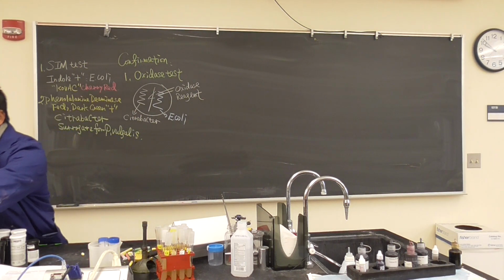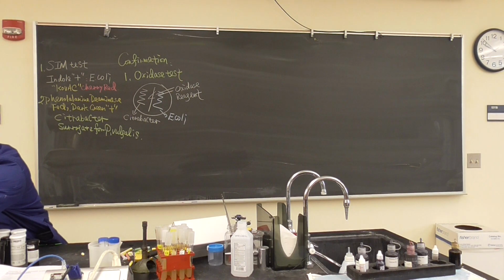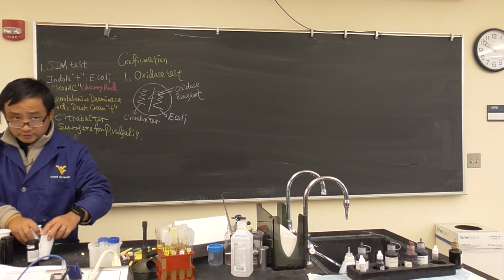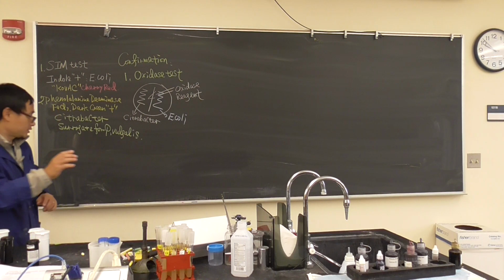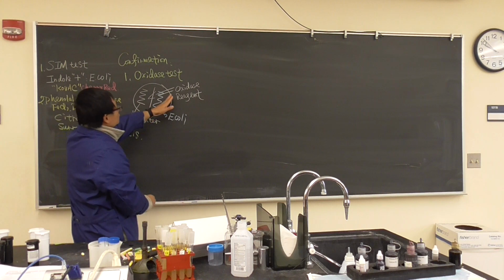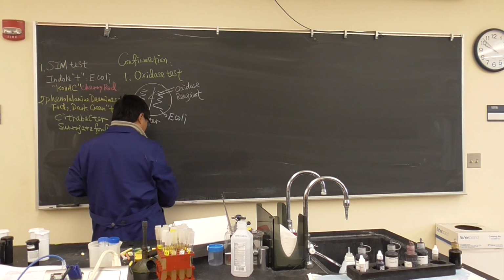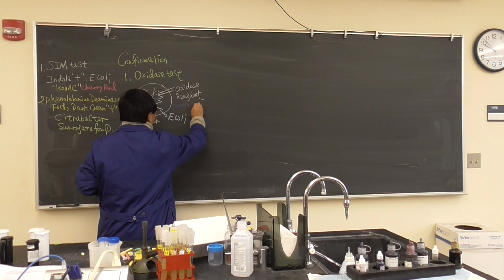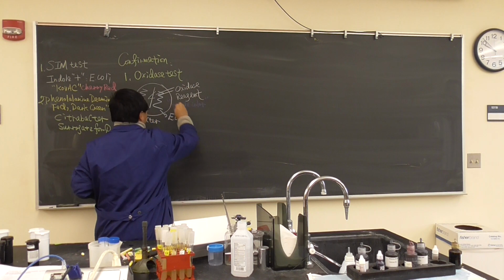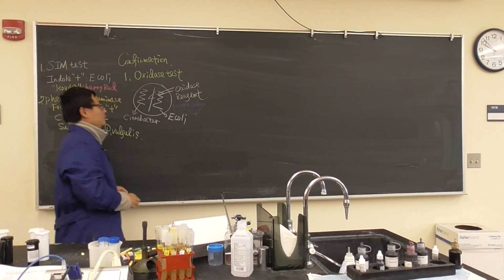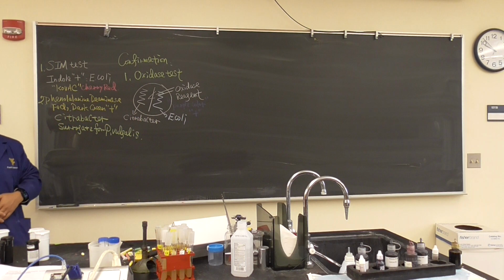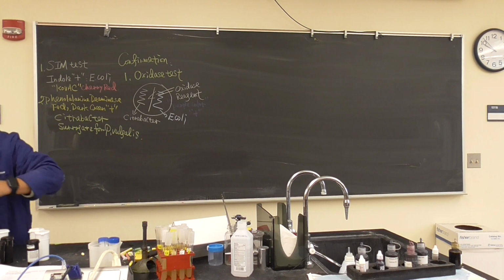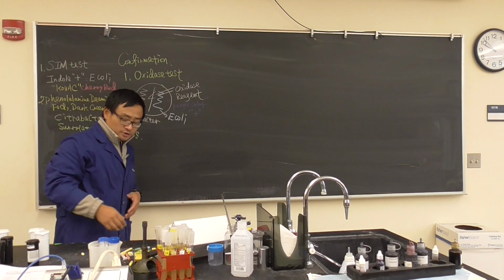You can come to the front to do this after you do the enteral tube. Once you add oxidase reagent, when you see purple color, it is positive. I know this color you may not see it, but purple color is positive. So that's the confirmation test for you to do later on. Okay, that's confirmation test number 1.